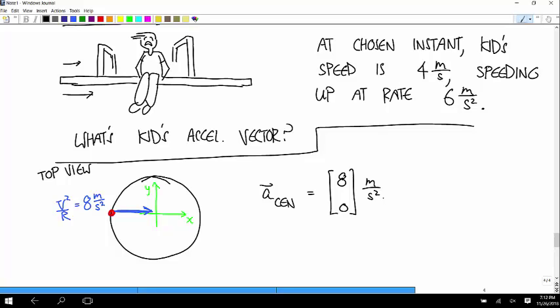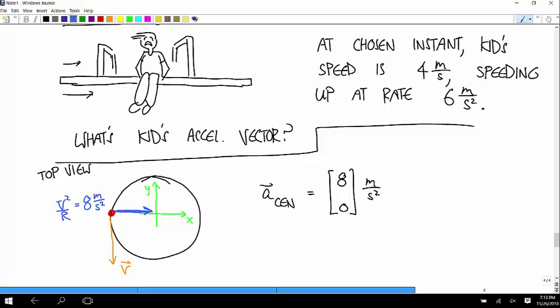Okay, now we have to think about the tangential acceleration. We haven't had that in either of the two examples so far, but this time he's speeding up, so we know we're going to have tangential acceleration. The velocity is like this. He's speeding up. So which way is the tangential acceleration? Up or down? Yep, down.